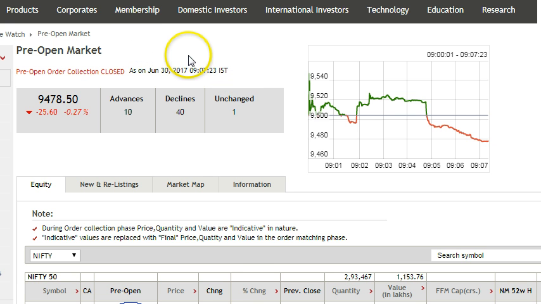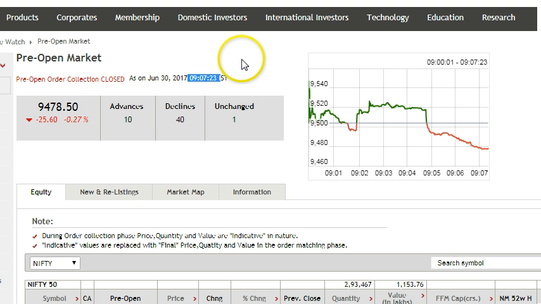Here, between 9 o'clock and 9:08, the first 8 minutes, the exchange will collect all the orders from buyers and sellers, and they'll not execute. No order gets executed here.